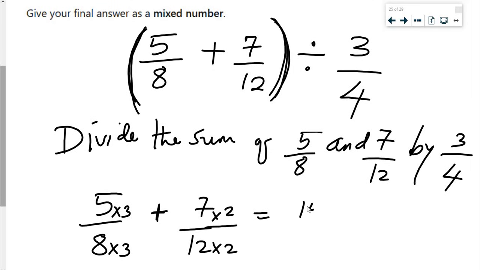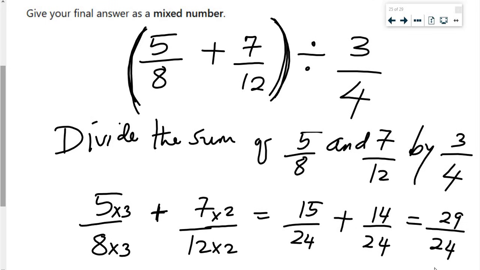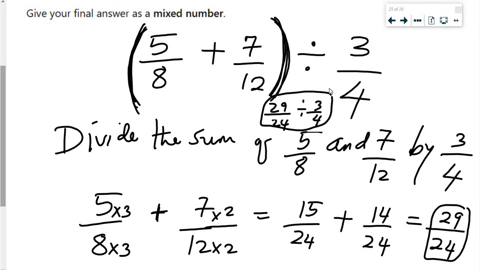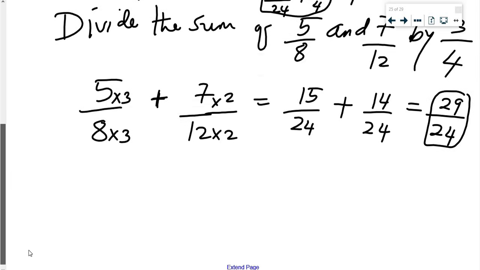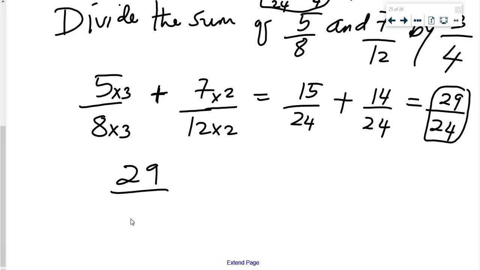And therefore you're going to have 15/24 plus 14/24. When you do this, you'll have 29/24. Now, when we add these two fractions, the answer we got is 29/24. Now we need to divide that by 3/4. So again, do 29/24 divided by 3/4.